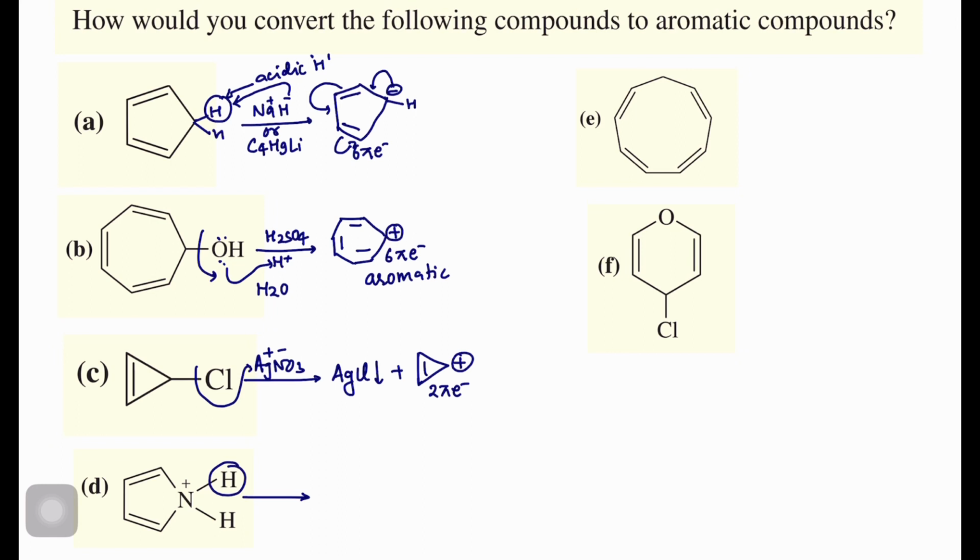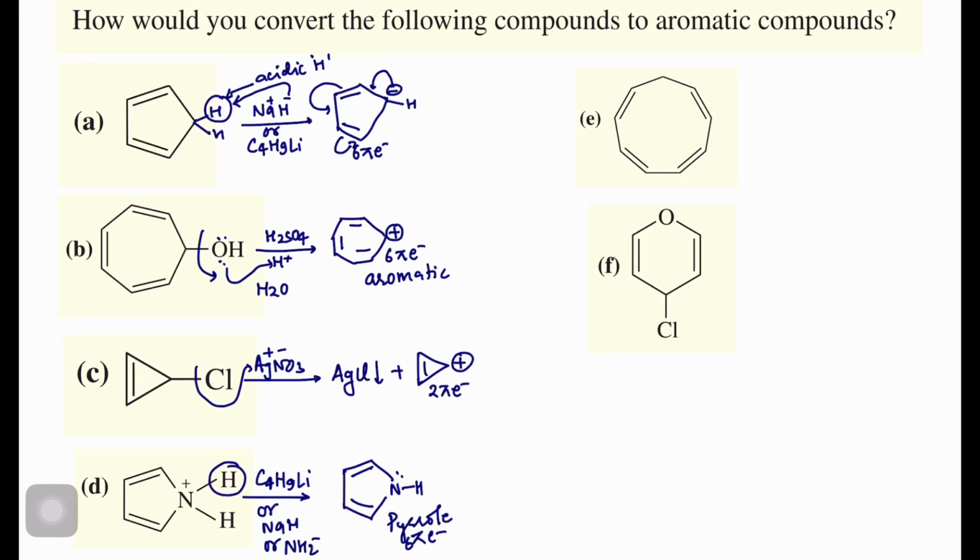So we can use again C4H9 lithium or NaH or even NH2 minus, and it will be converted into this aromatic species, that is pyrrole, which is 6 pi electron aromatic.